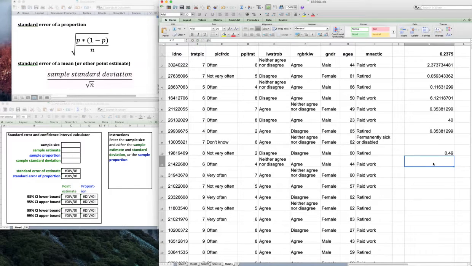Our standard error, from our formula for the standard error, will be, first of all, let's calculate the proportion times 1 minus the proportion. That will be 0.49 times, well, 1 minus 0.49 is 0.51.